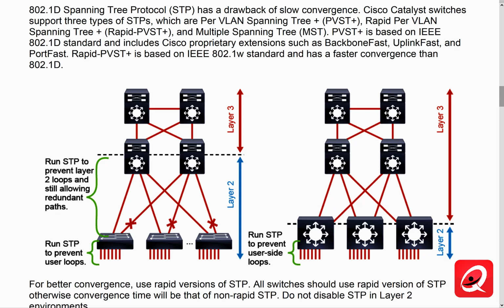But generally, spanning tree is a relatively benign protocol. It is a dynamic protocol by nature. So naturally, you would want to implement protection mechanisms to protect the protocol. Things like root guard, BPDU guard, and so on. Those are the two most common protection mechanisms that we implement. But generally speaking, you would not disable spanning tree.